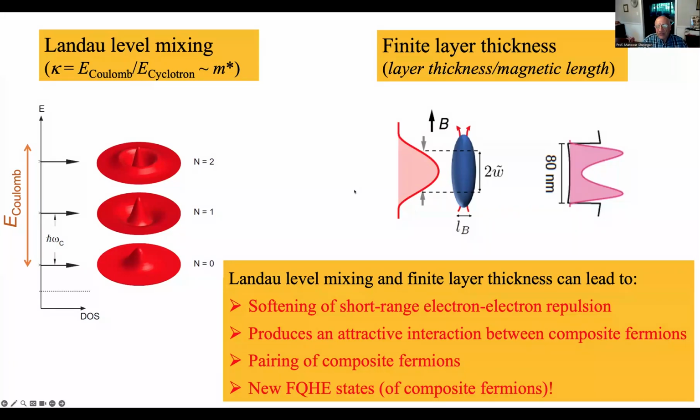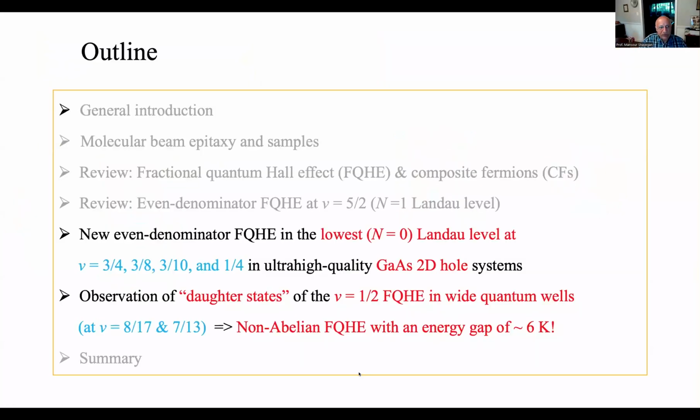They're not the ideal 2D system, and that helps them again come closer together and produces this attractive interaction between the composite fermions. So these lead to the pairing, which happened strictly in the n equal to 1 before. Now we can get it in these states in the lowest Landau level.